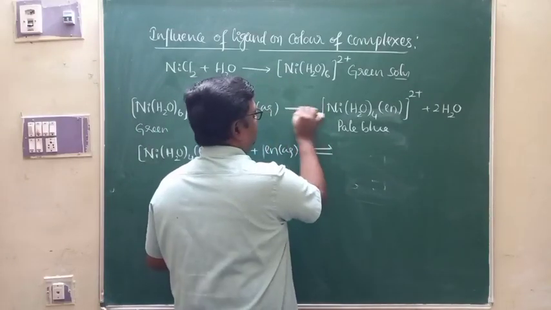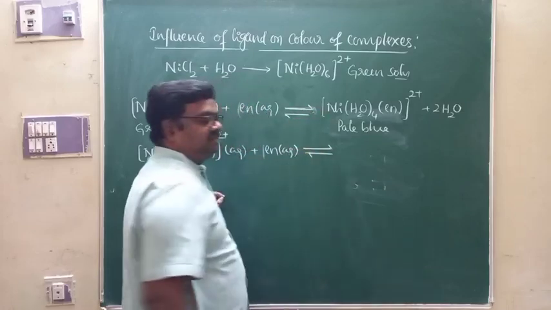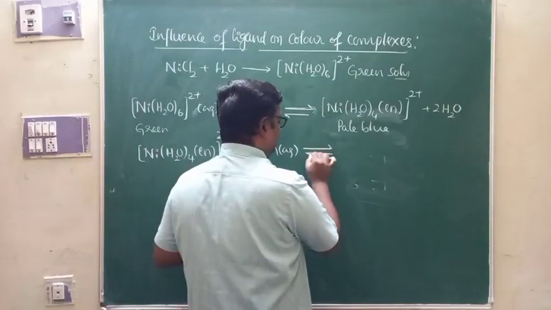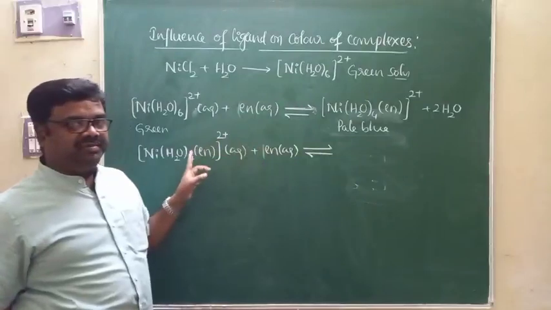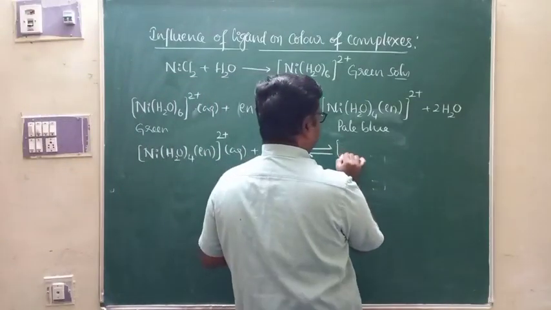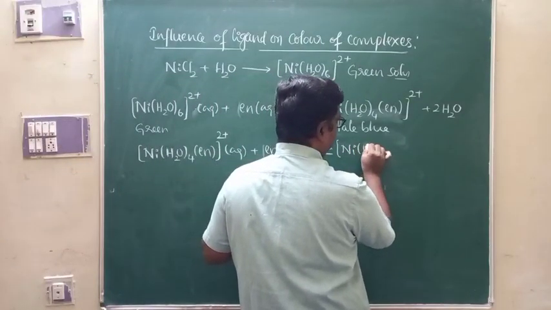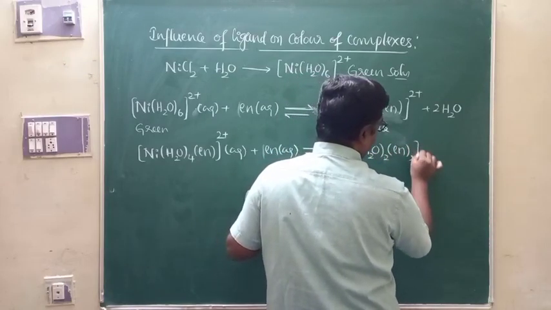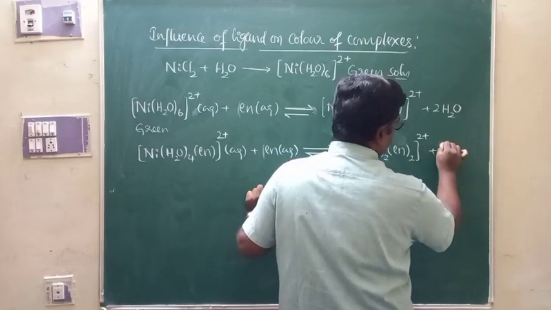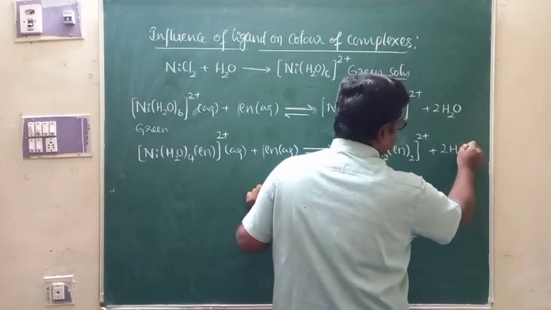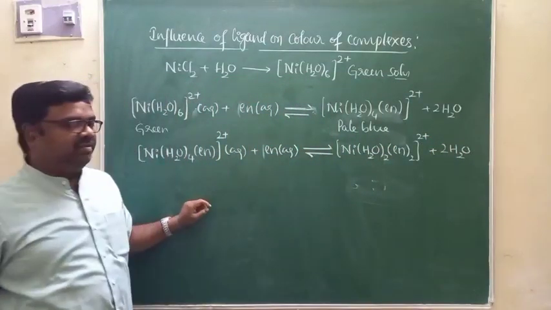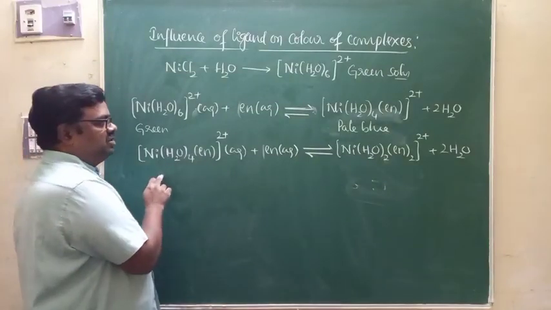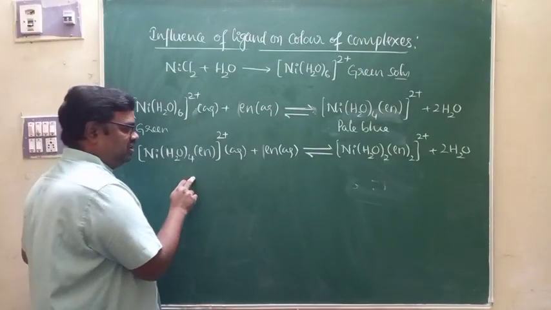Of course, the reaction is reversible, right? Once again, 1 mole of ethane 1,2-diamine is going to replace 2 moles of water, and that results in [Ni(H2O)2(en)2]2+. Once again, 2 moles of water will be replaced by 1 mole of ethane 1,2-diamine. And of course, the earlier solution was a pale blue colored solution.